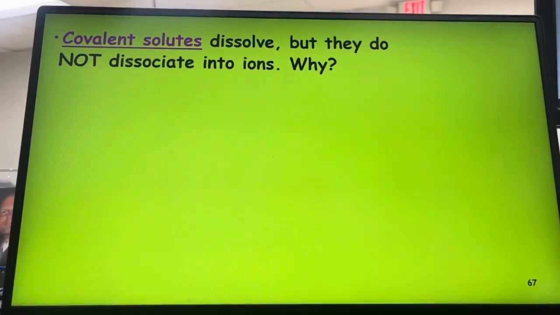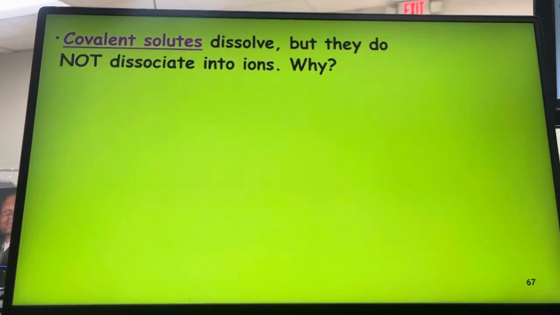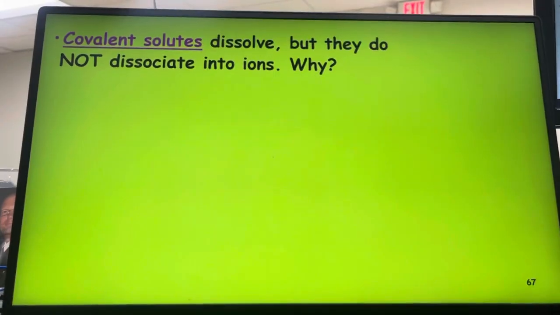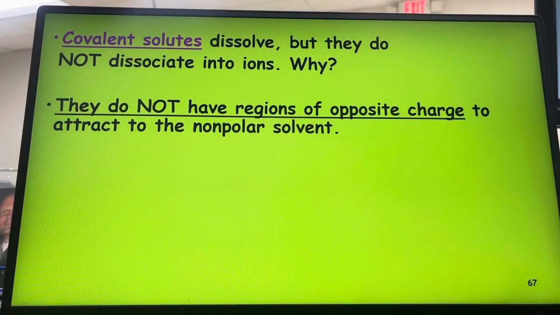So covalent, now we're going to switch from ionic to covalent, okay? Covalent solutes dissolve, but they do not dissociate into ions. Why don't they? Because they don't have regions of opposite charge to attract to the polar solvent.